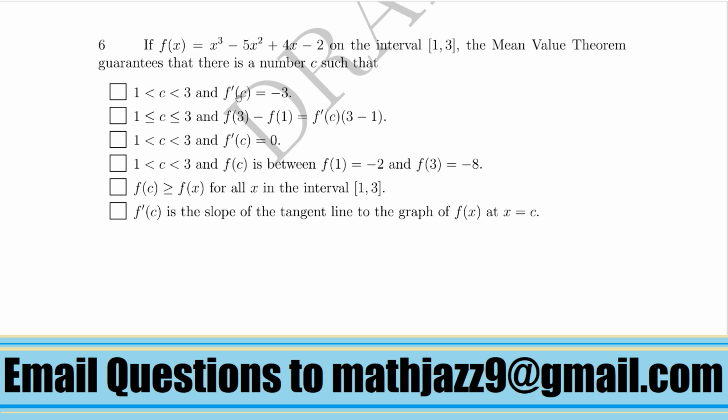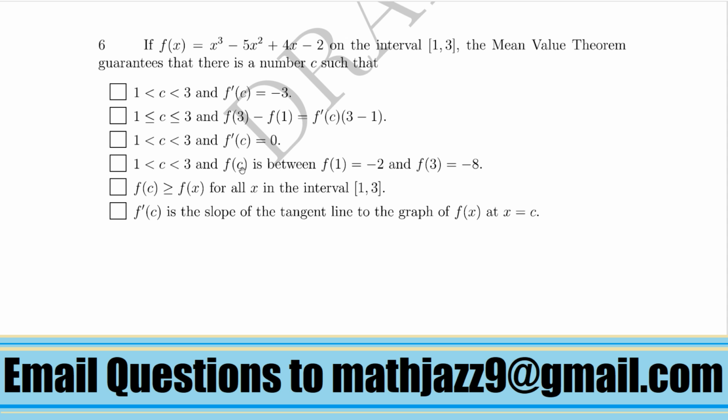Okay, so let's see. 3 is false. We know that f prime is going to be -3 somewhere, not 0. So it turns out that we get a conclusion about f prime of c being -3, not f of c being -3.